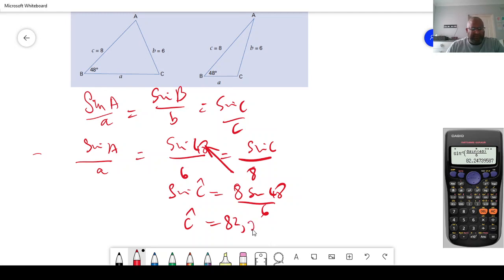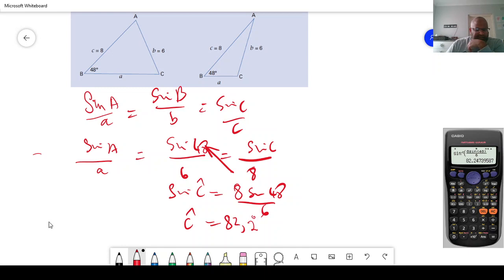Sine of 82.2. Alright, but remember what we said earlier on: the shorter side will be opposite the smallest angle. So for this, it could be an acute angle, but larger than 48 degrees of course, or it can be an obtuse angle. So angle C can be one of two things.